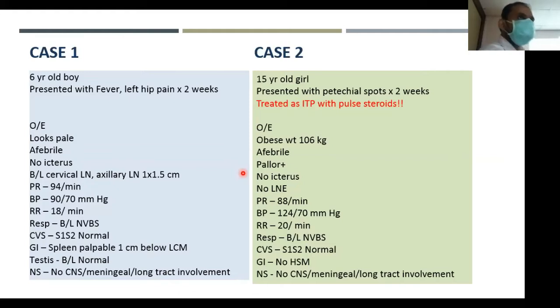So this kid, on examination, was looking pale and febrile, though there was no fever at the time of examination. Other vitals were stable. The spleen was palpable, 1 centimeter. Small lymph nodes, 1 into 1.5 centimeters. Testis was normal. Why the testis?